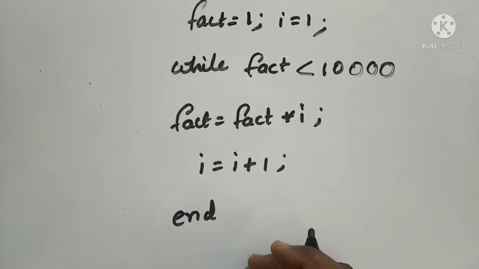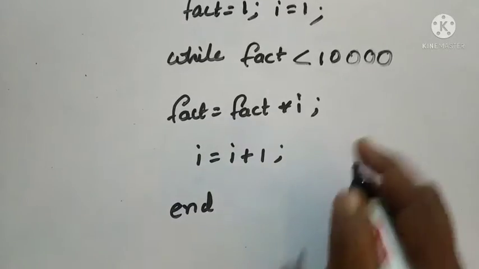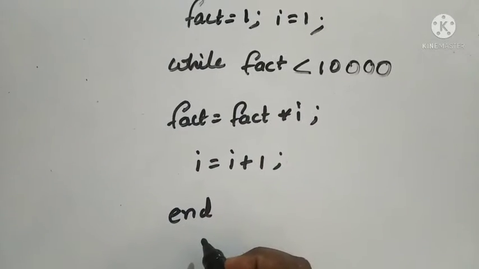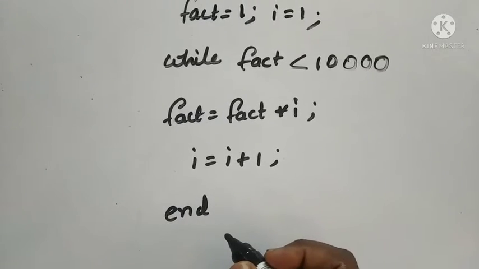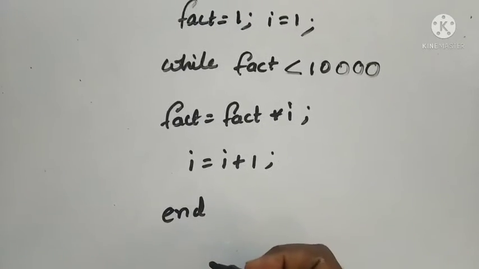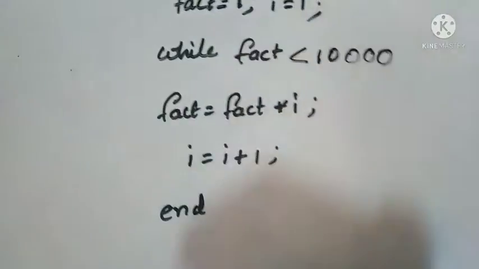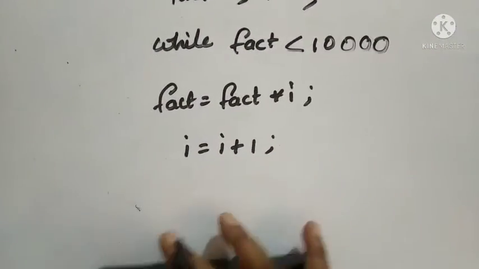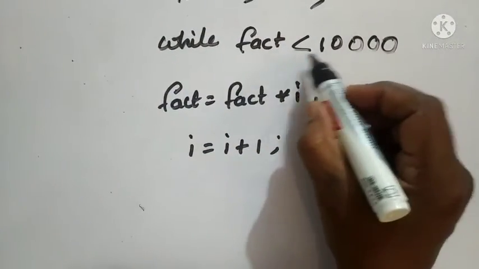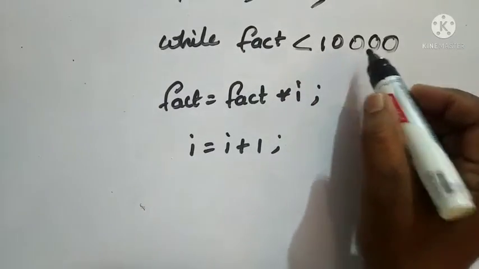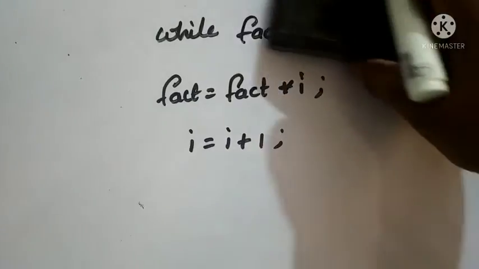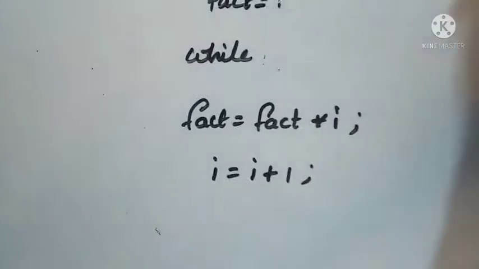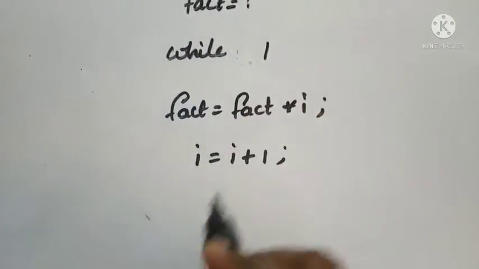If in some case I don't want to go up to 10,000, and after it reaches, for example, 8,000 or so I have to come out of the loop, at that time I can use a break statement. I can put while 1, which means the condition is always true.